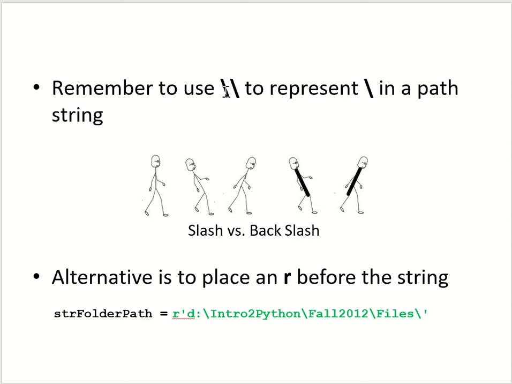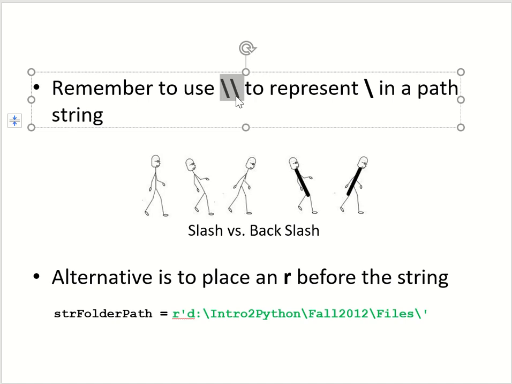And so there are two ways to do that. Briefly, we talked about how using double backslashes allows the interpreter to detect a single backslash, which is kind of what you want.